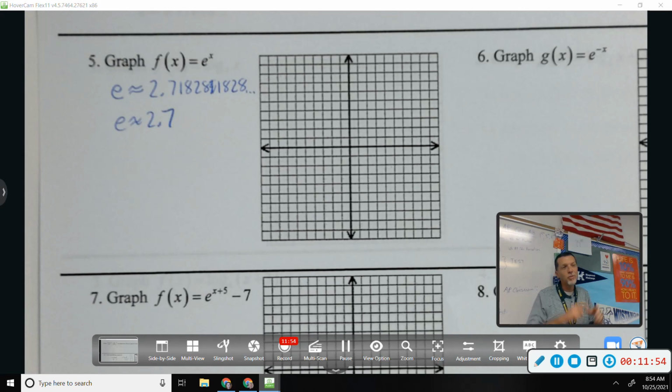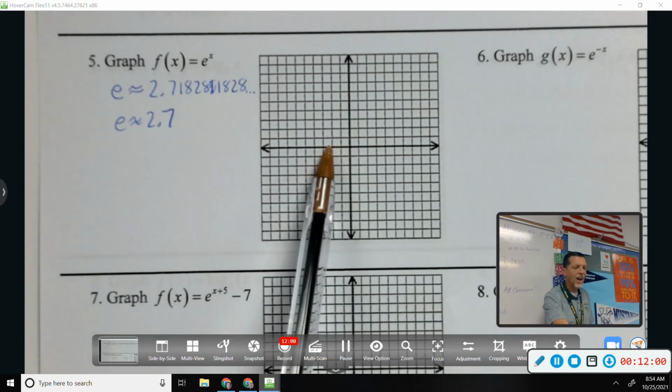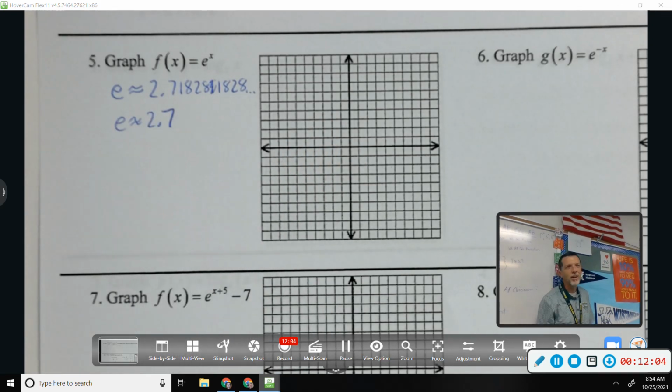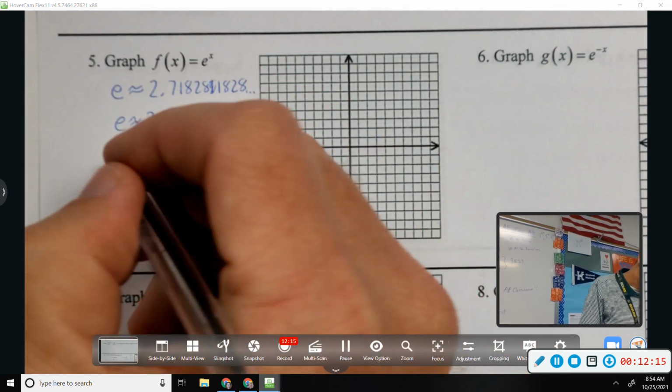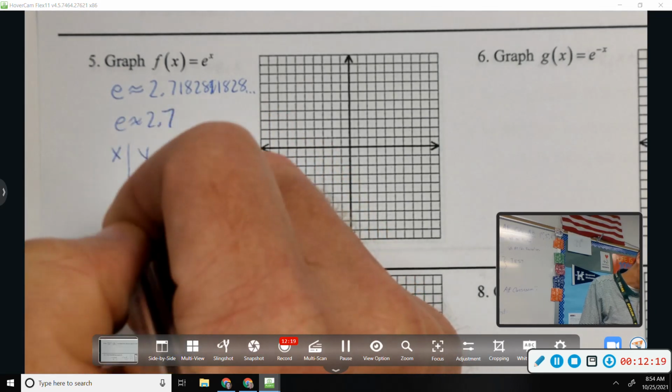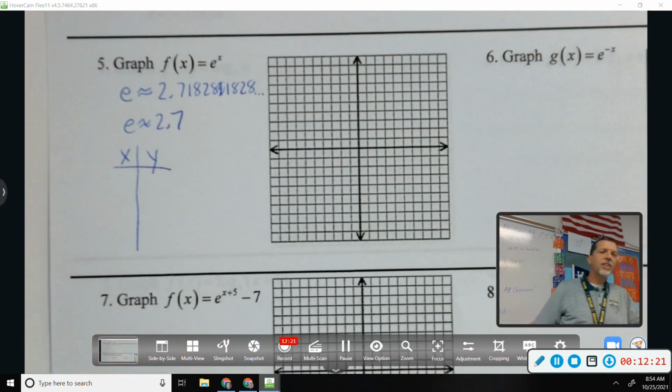If I zoomed in 100 times, then maybe I could tell the difference, but for this graph, there's not. After that, it's crazy. It's just like pi. It's not random, but it feels random. So e is just a number, 2.7, etc., etc.